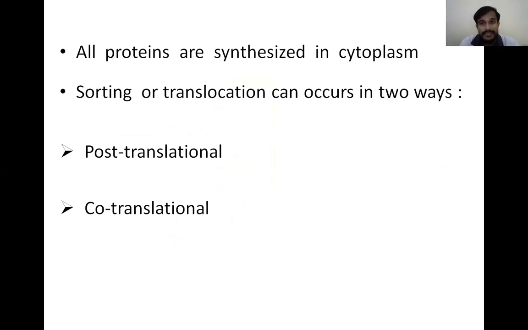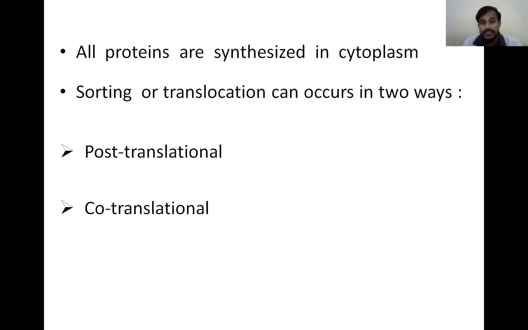In reaching their destination, there are two ways. That is sorting, or protein targeting, or the translocation of the newly formed protein, anything is the same. This translocation occurs in two ways: one is post-translational and the other is co-translational. During protein formation there is transcription and translation, and in protein translocation there is post-translational and co-translational.